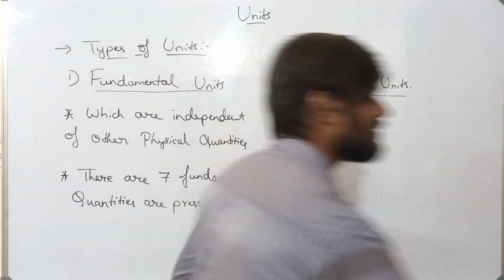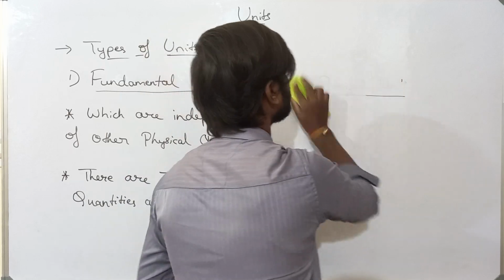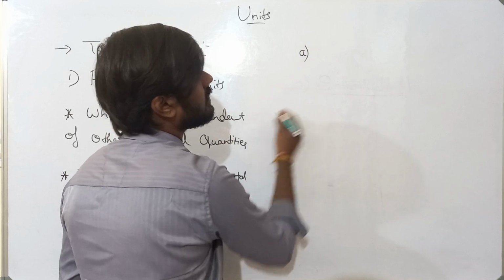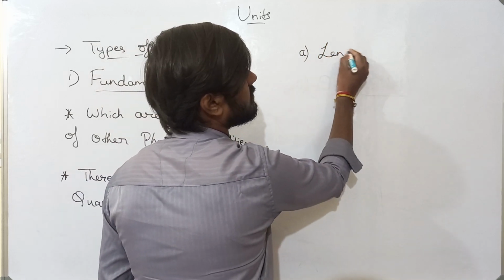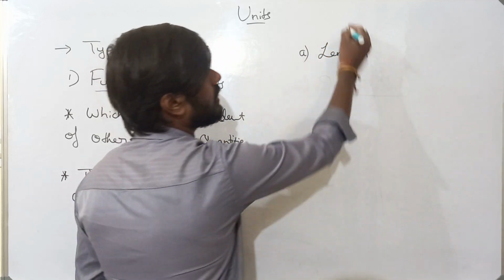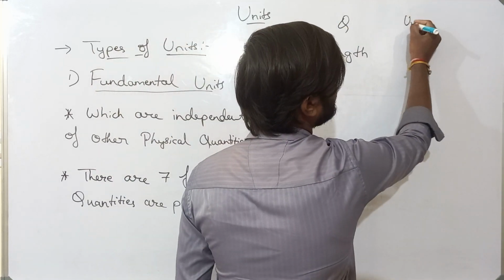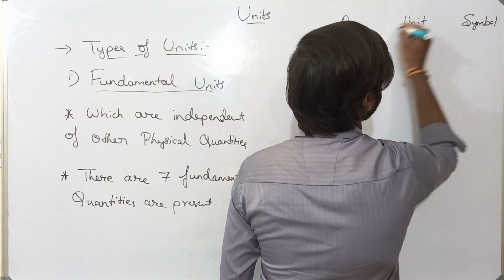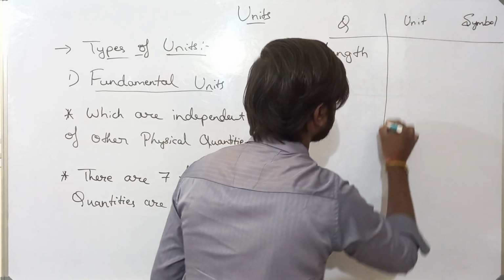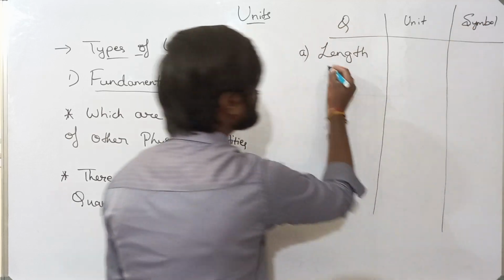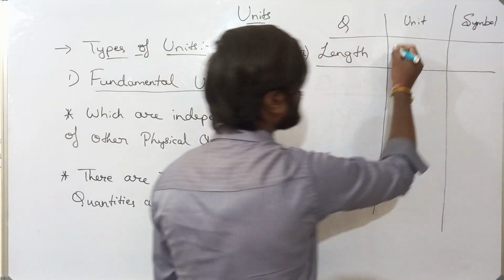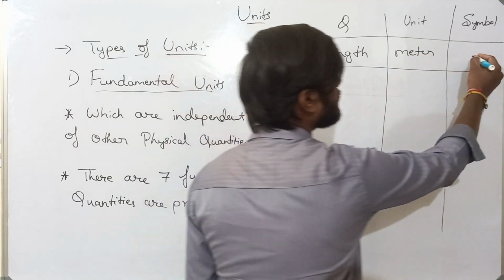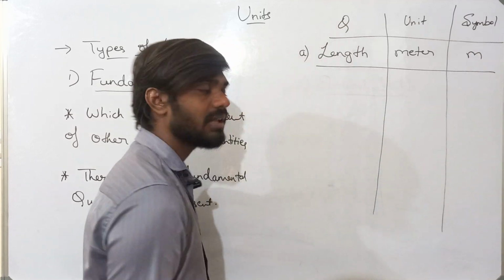Which are those? See, the table has quantity, unit, symbol. The very first one is length. The unit is meter, symbol is small m.